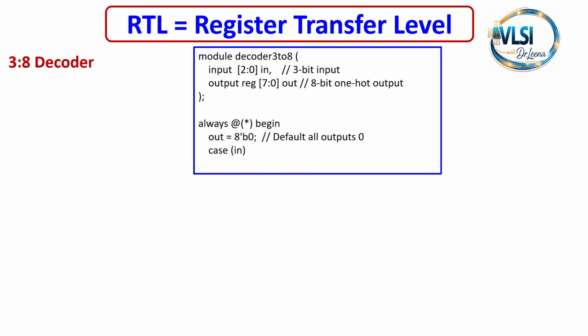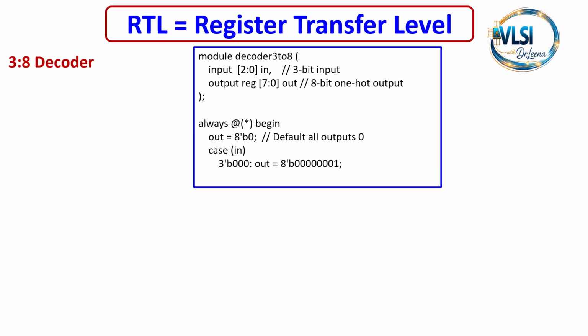And then the next is case (IN). Why are we giving this? The case checks the value of the input IN. Based on the input value, one output line is activated. And next we are giving the conditions, that is input 3-bit binary 000. If the input is 000, then it selects the output 00000001, and the output OUT 0 will be high.